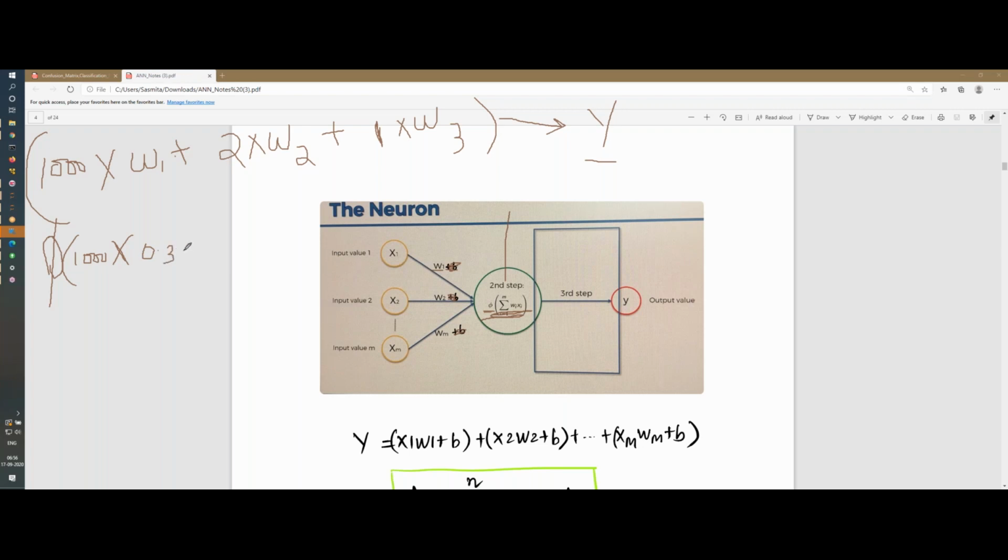I know you have doubts about where I got these weights and how I will know 0.3. We will discuss that in detail. It will take 3-4 classes to understand how we got W1, W2, W3. So for today's class, assume that somebody told us the W values. It is a constant.